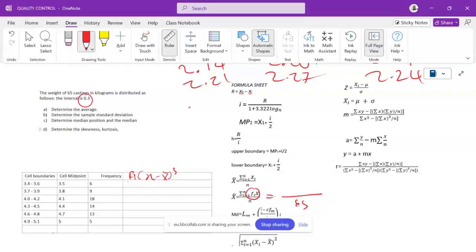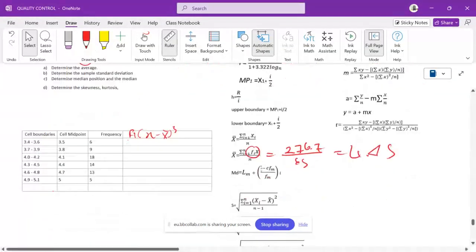So you just take the sum of x, and you'll find it to be 276.7. So you can just divide by 65 that value, and you're gonna get 4.25. Then they say find the standard deviation. So you look for the formula for standard deviation.